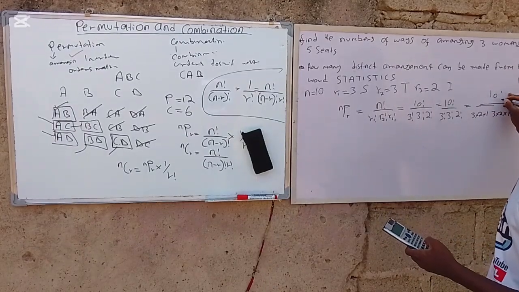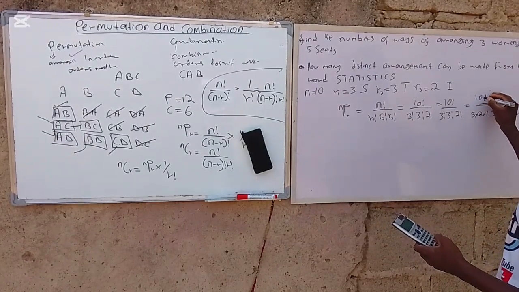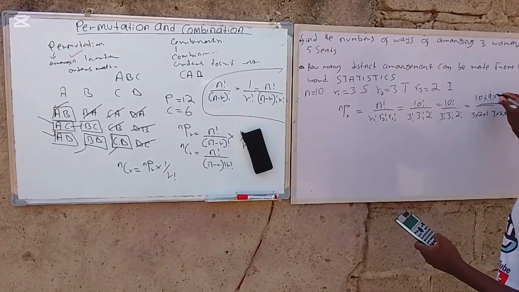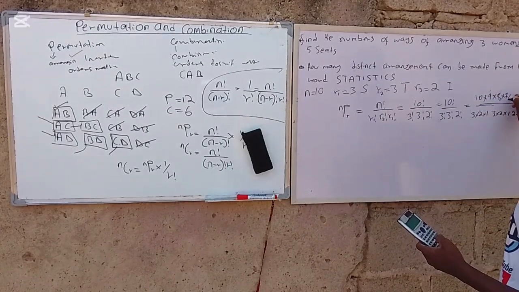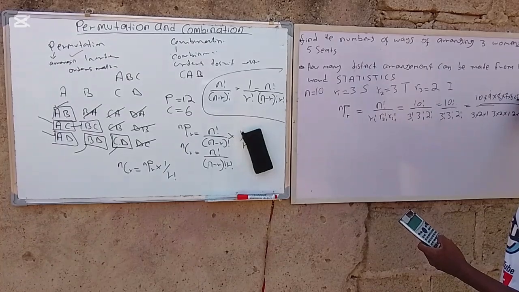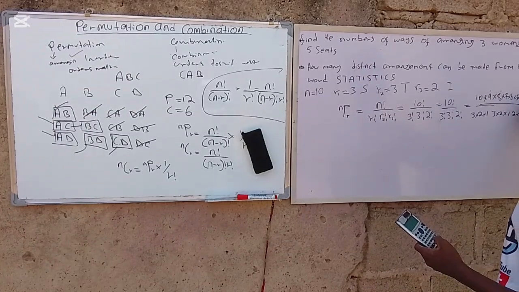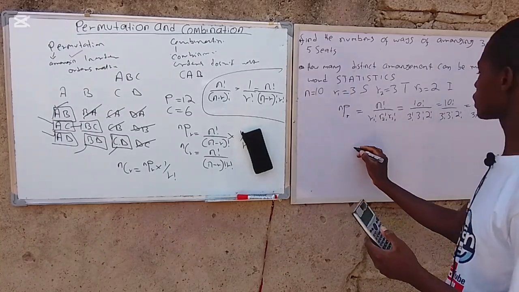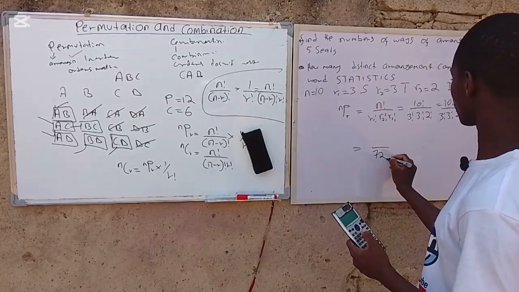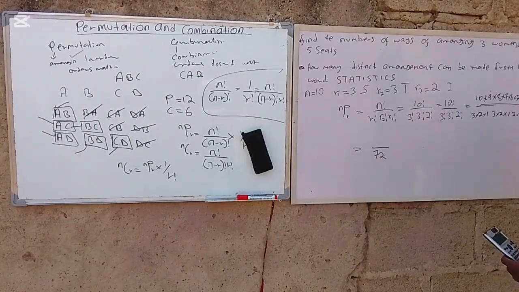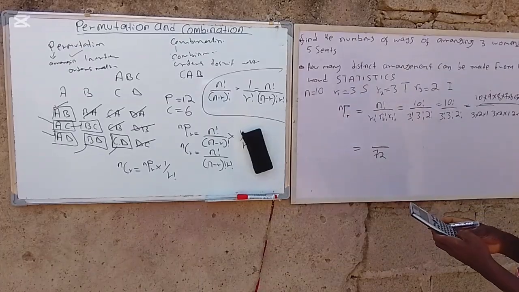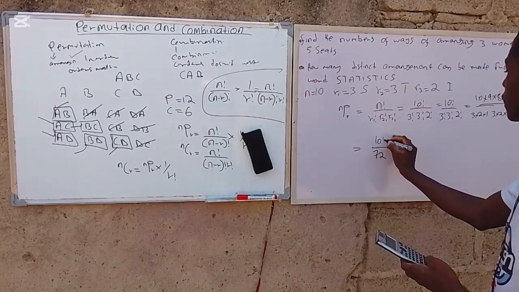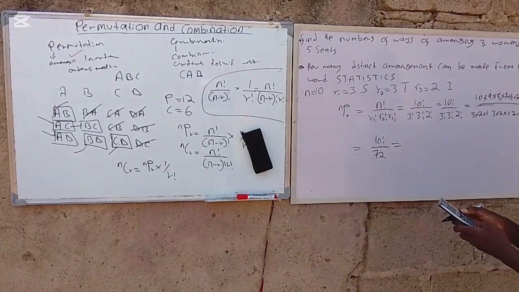So 10 factorial is 10 times 9 times 8 times 7 times 6 times 5 times 4 times 3 times 2 times 1, divided by the value of 72.